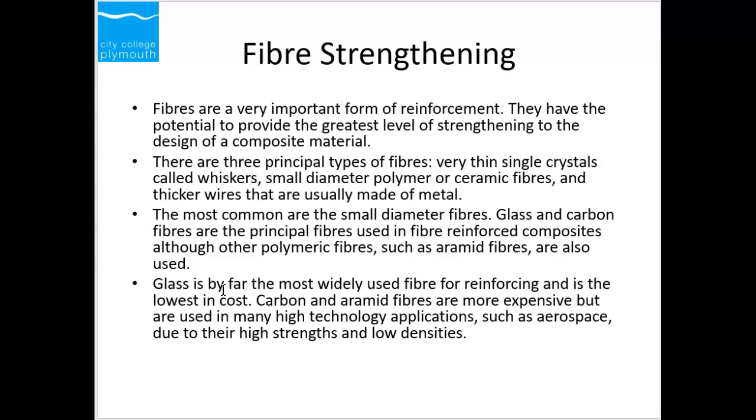Glass and carbon fibers are the principal fibers used in reinforcement composites, although we use other polymer fibers such as aramid and Kevlar. The reason glass is used is that it is not as expensive as the others; it's the lowest cost. Carbon and aramid fibers are expensive, but we use them for high-tech aerospace due to their high strength and low densities.